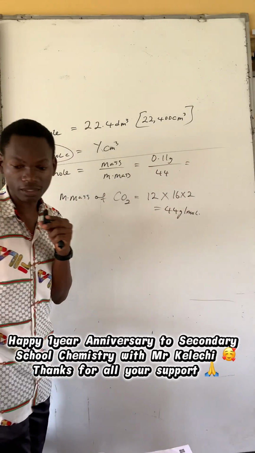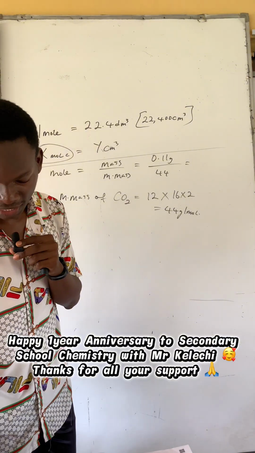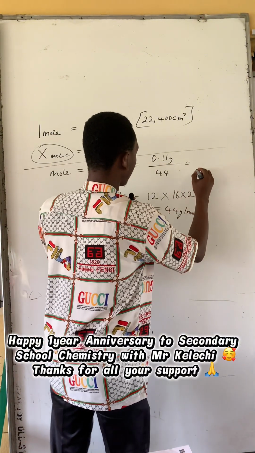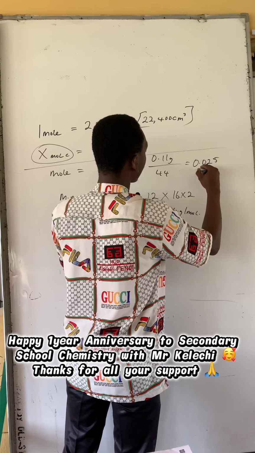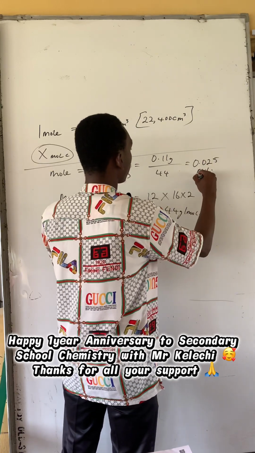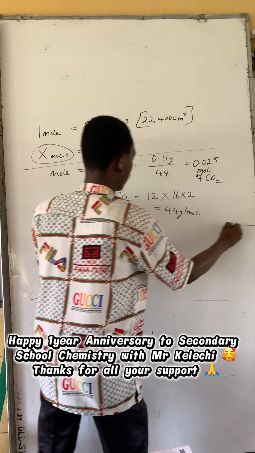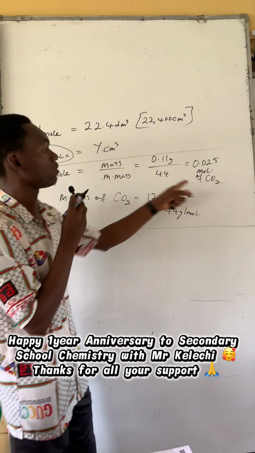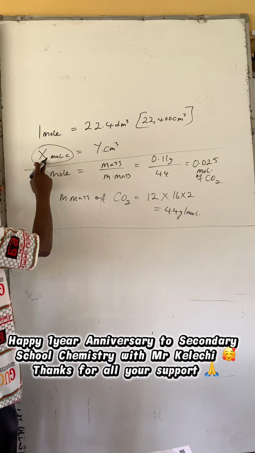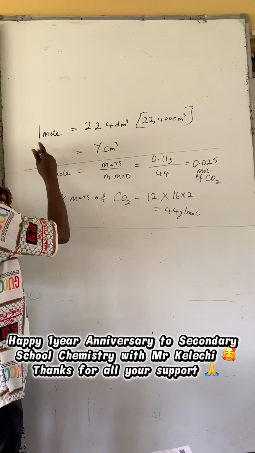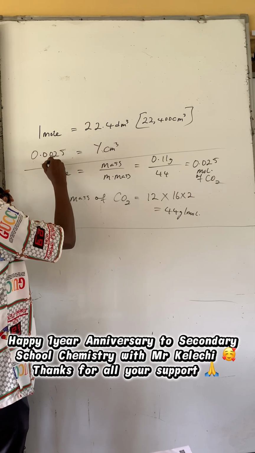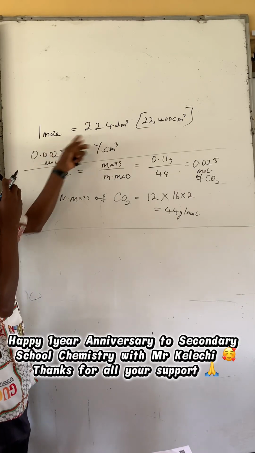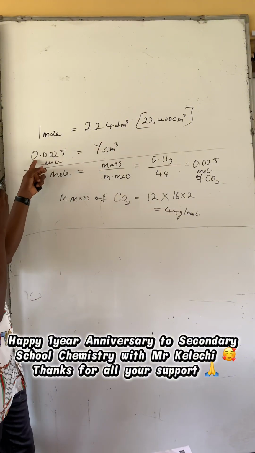And if we simply divide that, that gives us 0.0025 mole of CO2. Now, we've gotten the mole. So instead of x mole, we can now say 0.0025 mole.